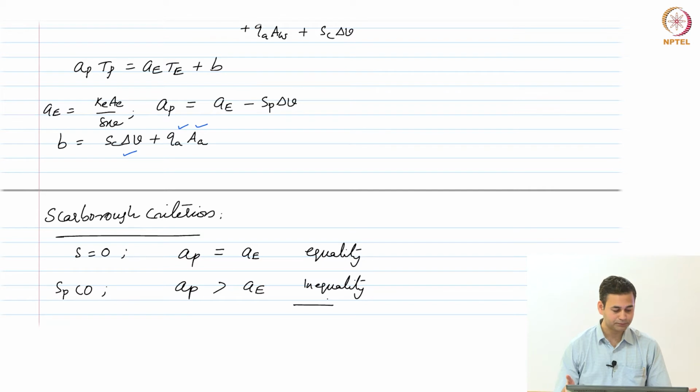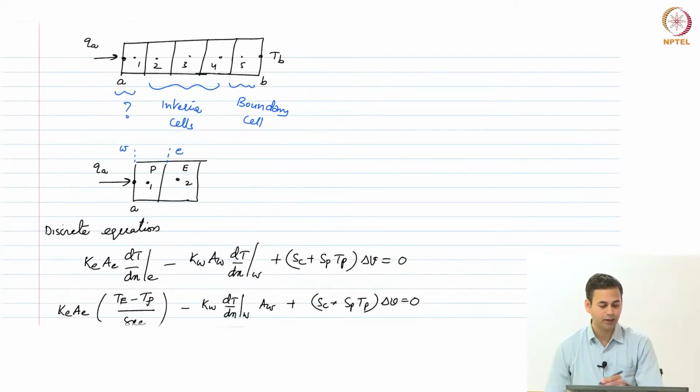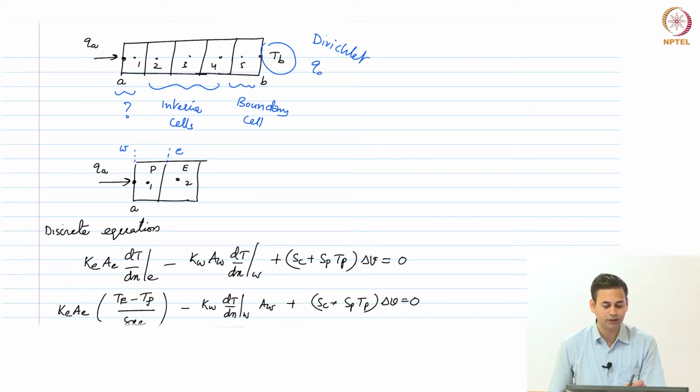Okay. Now, what does it mean? Let us say if I go back to the problem statement and I say that instead of the constant temperature condition here, that is instead of this Dirichlet boundary condition, we also specify a heat flux here, QB, being applied on this right face B, then what will happen to the Scarborough criteria for all these cells?